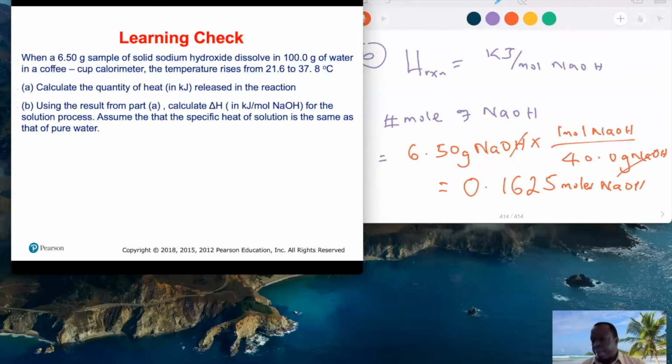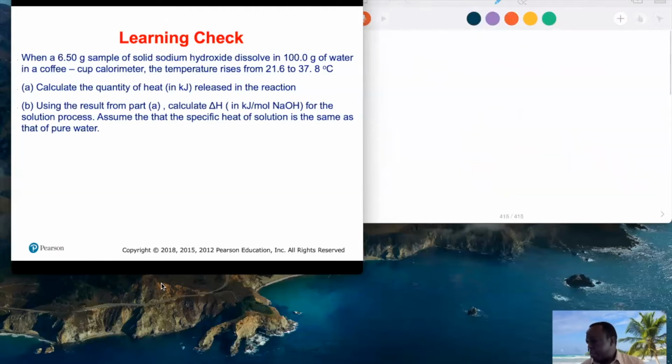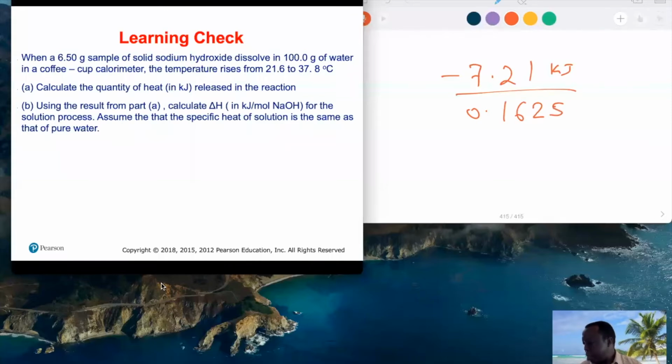Since we know the number of moles of NaOH, all we have to do is divide negative 7.21 kilojoules over 0.162 moles of NaOH.